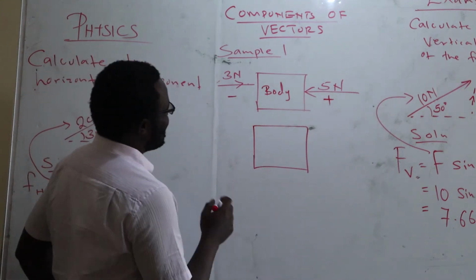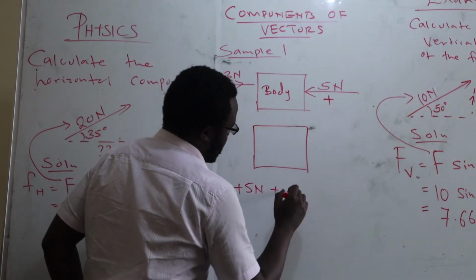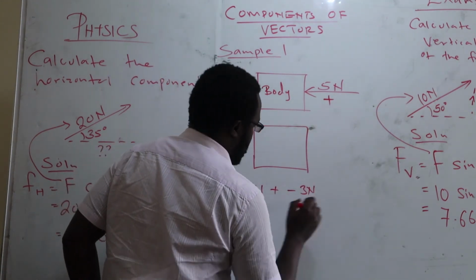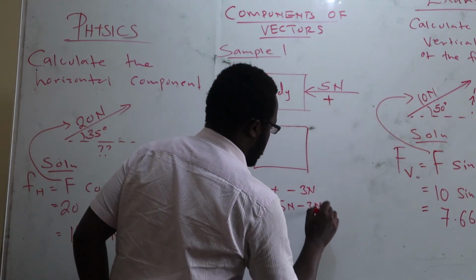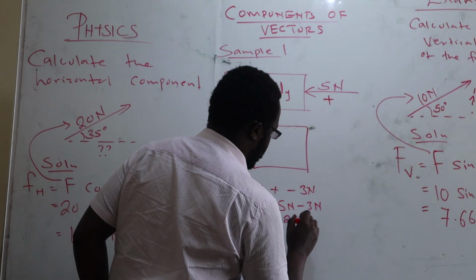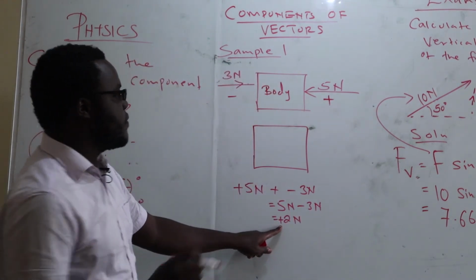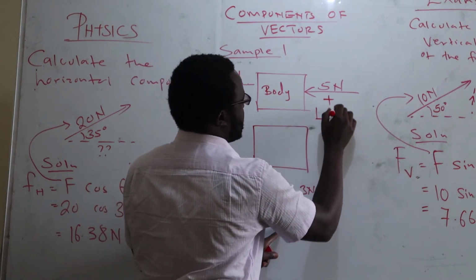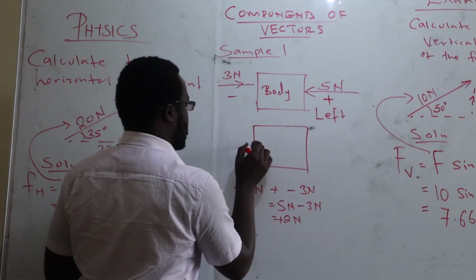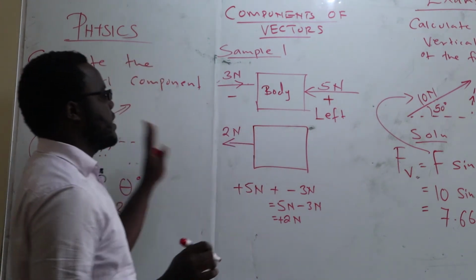Therefore, we have positive 5 newtons added to negative 3 newtons, which is 5 newtons minus 3 newtons, giving us 2 newtons. And since it is positive, we can conclude that the body will move to the left, with 2 newtons towards that side.